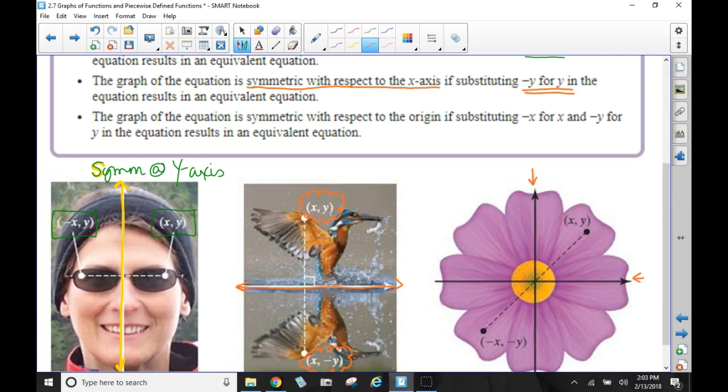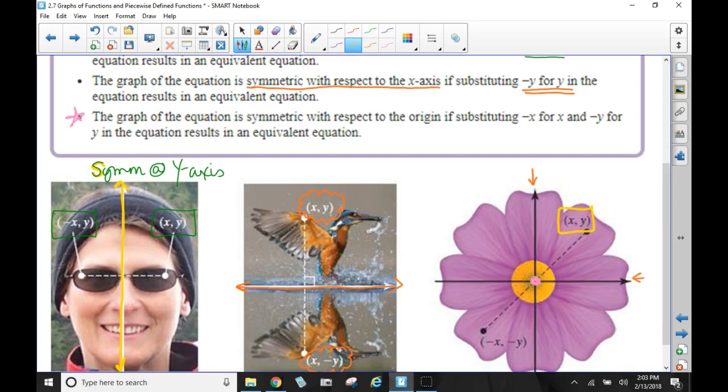Now, this flower represents both symmetry about the y-axis and symmetry about the x-axis, but it also demonstrates symmetry about the origin. Think about where the origin is. It's right there in the middle. We're going to see symmetry about the origin when we have these points satisfied.